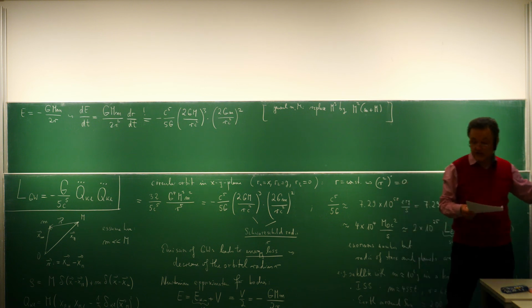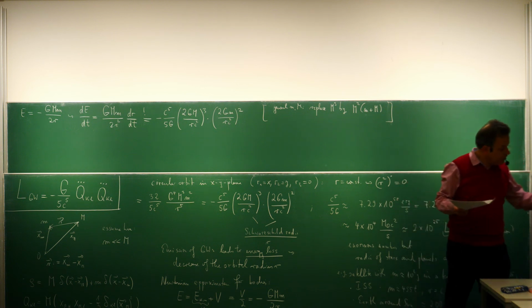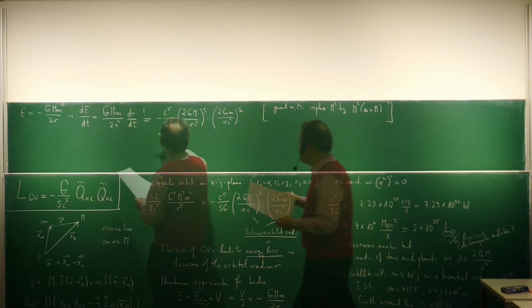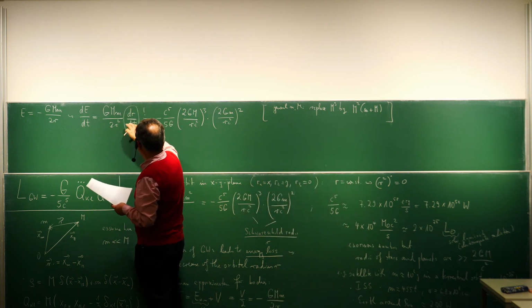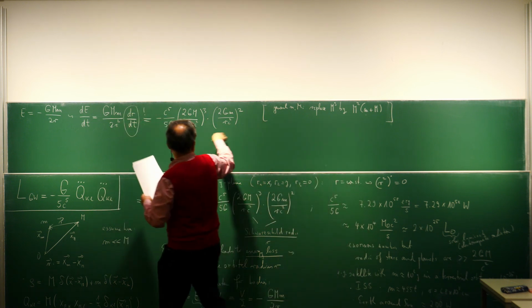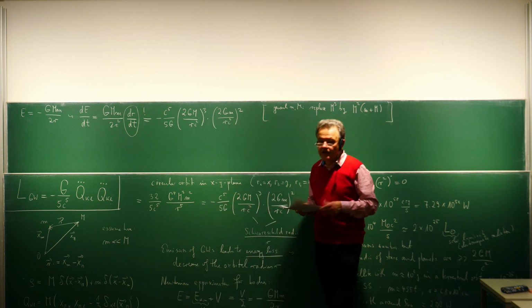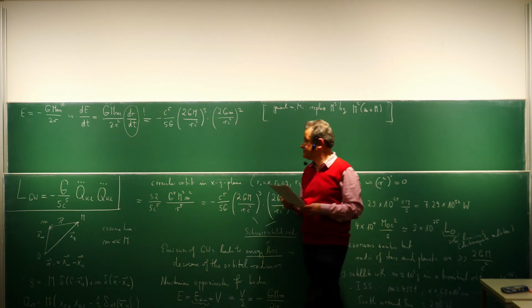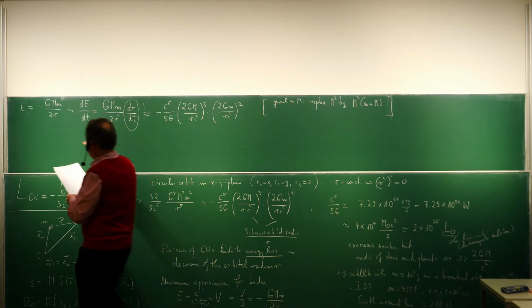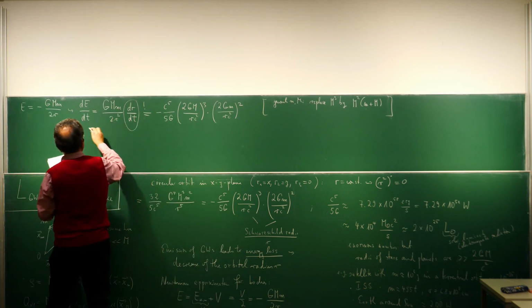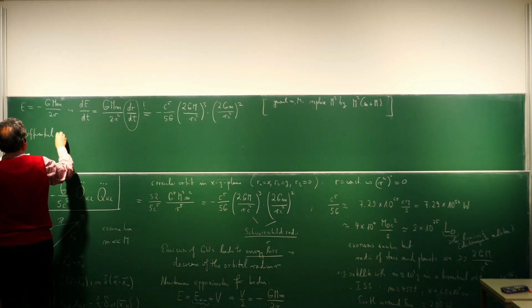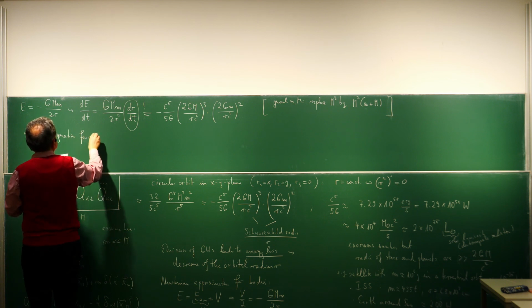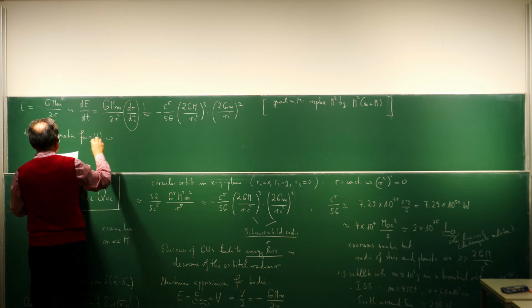Now, this is a differential equation for r of t, here of first order. dr of t is a function of r, and of course you can integrate this. It leads to the following solution.